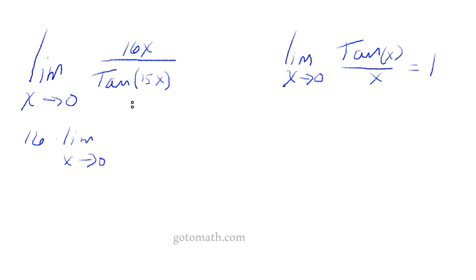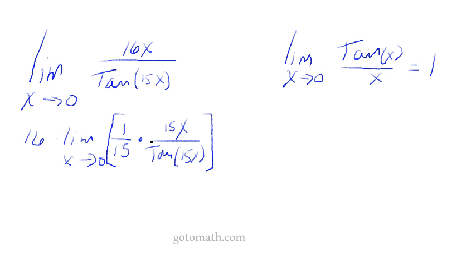And what am I going to do next? I'm going to throw a 15 up here, but if I do that, we have to have 1 over 15 here. So I'm going to put a 15 up here over tan of 15x. This is kind of a typical test question.